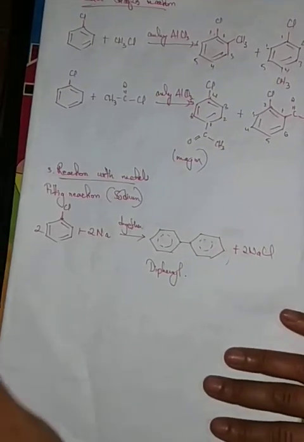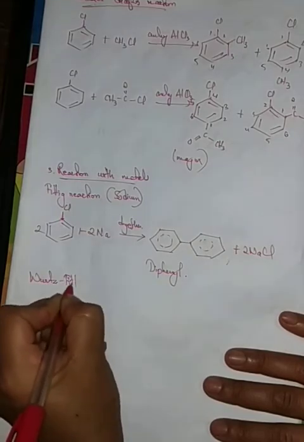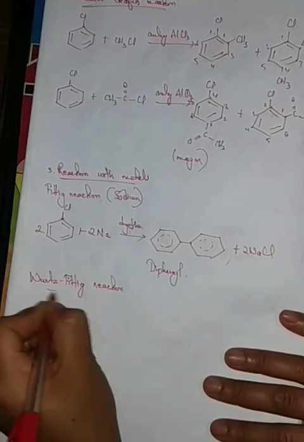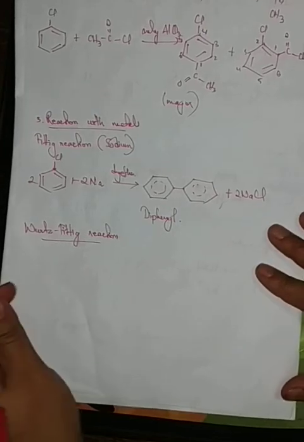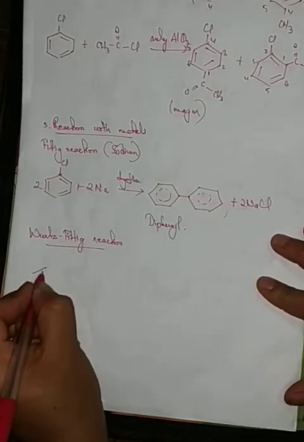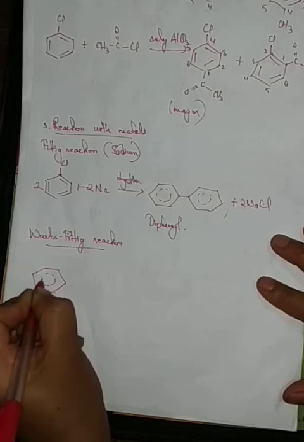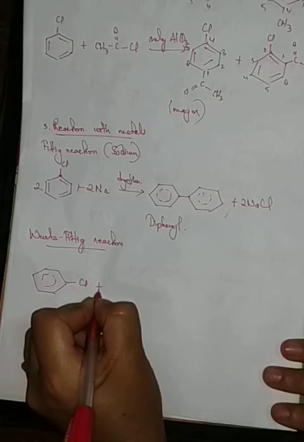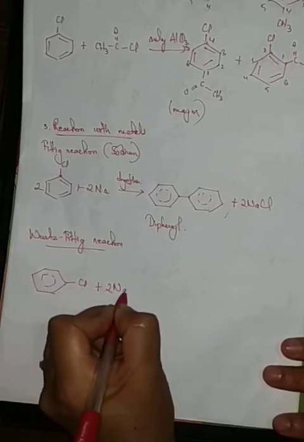Now the second one is known as the Wurtz-Fittig reaction. The Wurtz-Fittig reaction is when a haloarene, let me take chlorobenzene, is heated with a haloalkane in sodium, Na.